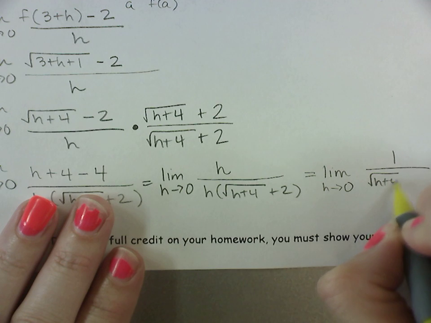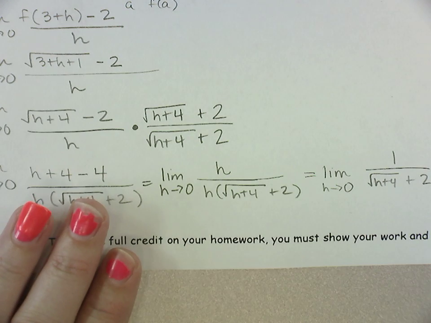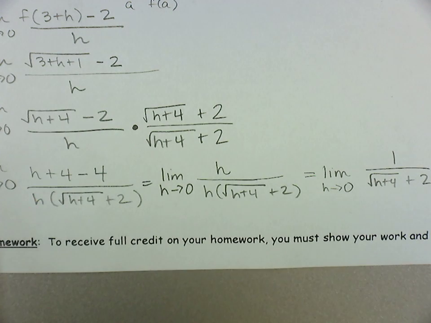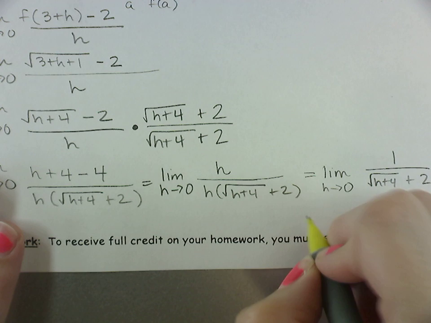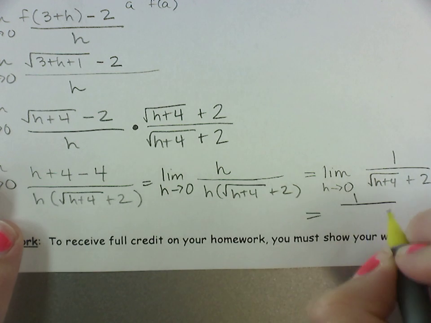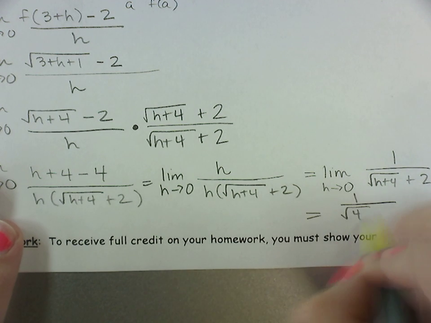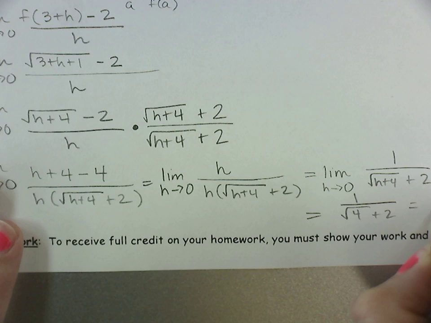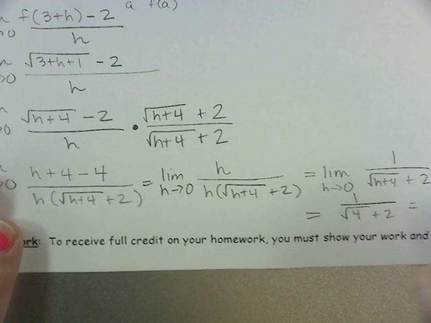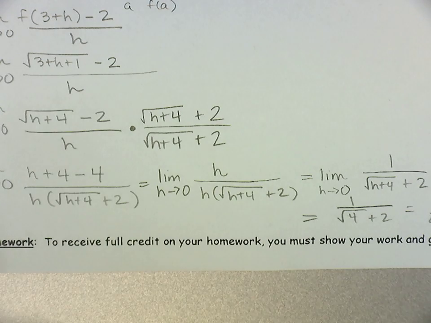They're just going to divide to 1. So then it'd be 1 over the square root of h plus 4 plus 2. Now can I plug in 0 and get a valid answer? Yeah. So then we're just going to write this down real quick. 0 plus 4 would be root 4 plus 2, so it would be 1 over 2 plus 2, which is going to be 1/4.